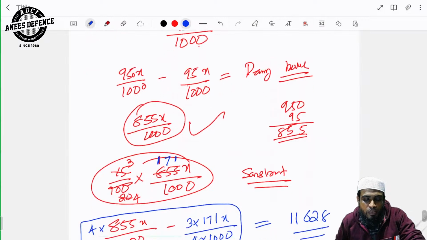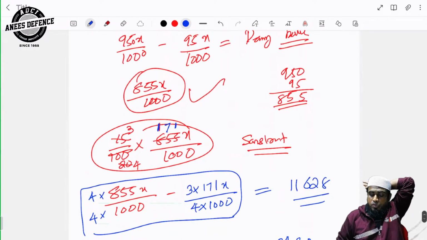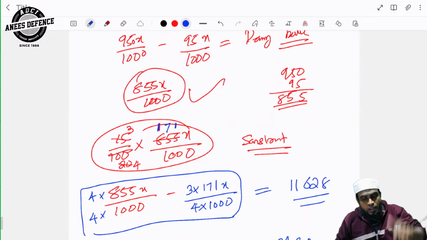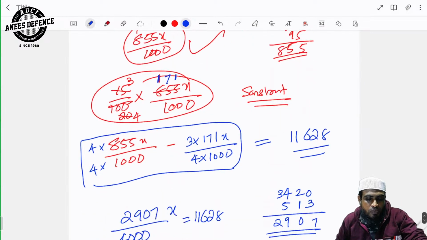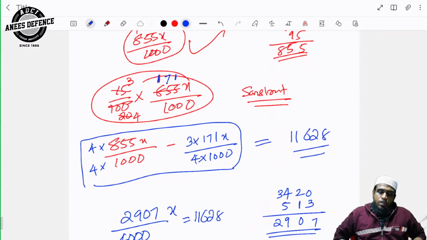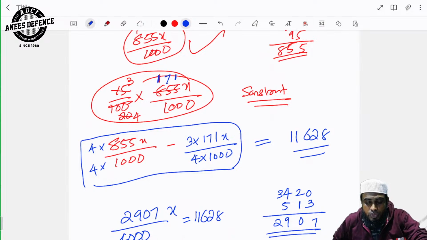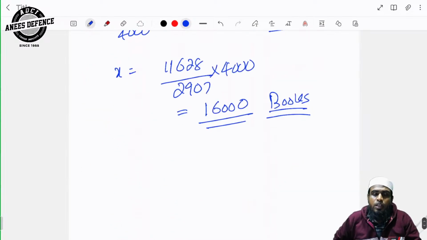So 15 by 100 into 855x by 1000 will be the number of books for Sanskrit. Then the remaining books will be 855x by 1000 minus 3 into 171x by 1000. That is actually the final remaining books, which is equivalent to French, given as 11,628. So by solving this, you will get the total number of books in the whole library as 16,000 books.